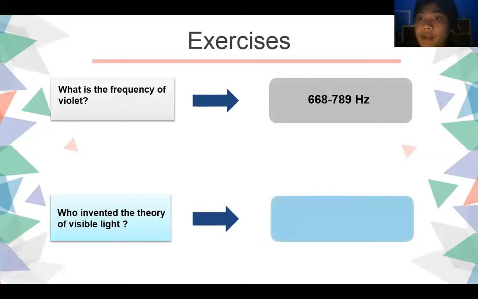And who invented the theory of visible light? The inventors of visible light are Sir Isaac Newton and Roger Bacon.